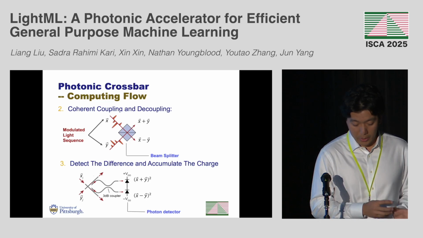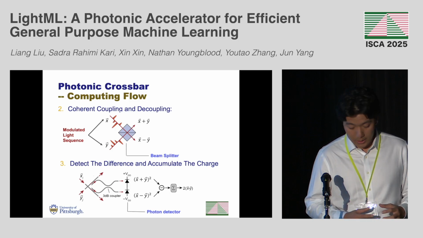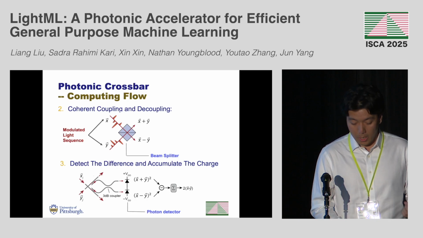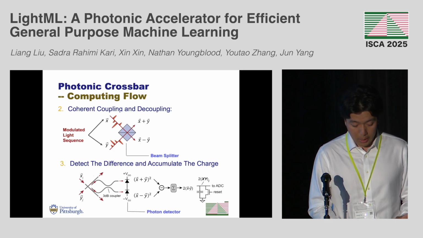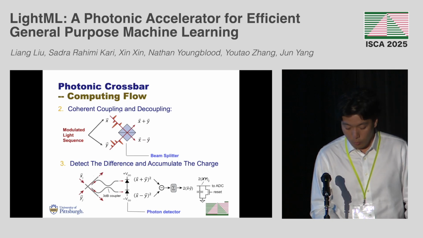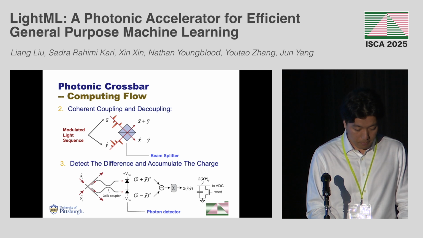The generated current is the square of the amplitude, which is (x plus y) squared and (x minus y) squared. By placing the 2 photon detectors in opposite directions, we get a multiplied output, for example, x times y. Next, the charge is sent into a capacitor. By repeatedly feeding the entire vector sequence, the voltage accumulates in the capacitor and becomes the output of the dot product. And we use another ADC to convert the analog voltage to a digital one.